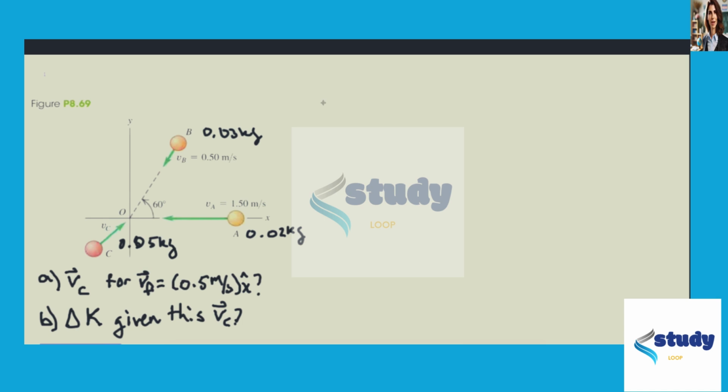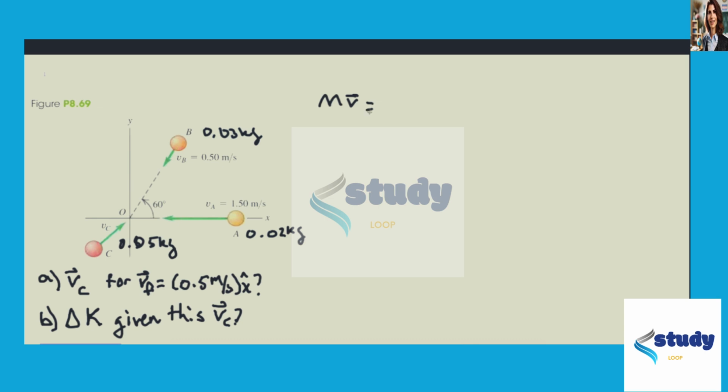So actually, let's just call the total mass large M, and then the final velocity we'll just call V, since all the other velocities are going to have subscripts on them.